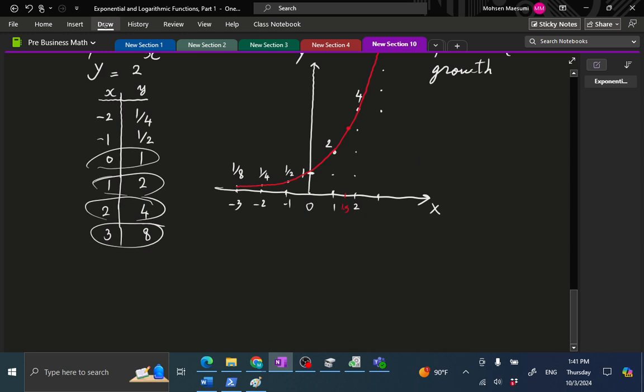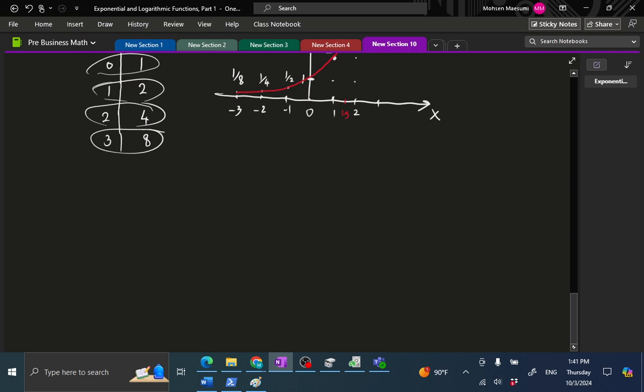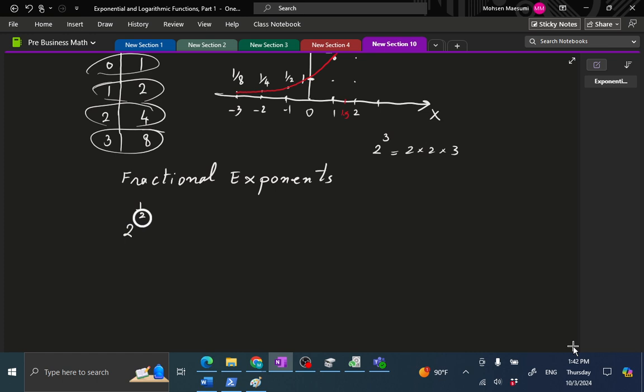So next we are going to study fractional exponents. What does it mean to write 2 to the power of 1/2? We know 2 to the power of 3 meant multiply 2 by itself 3 times. But what does it mean to multiply 2 by itself half a time?